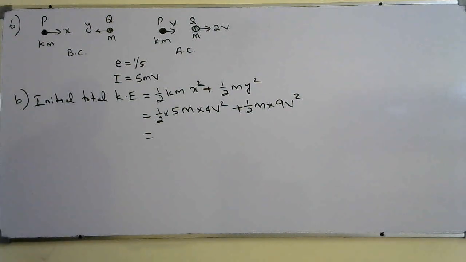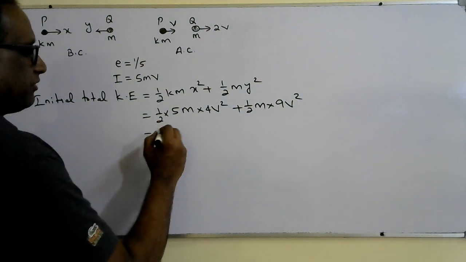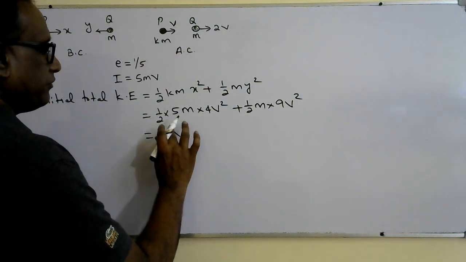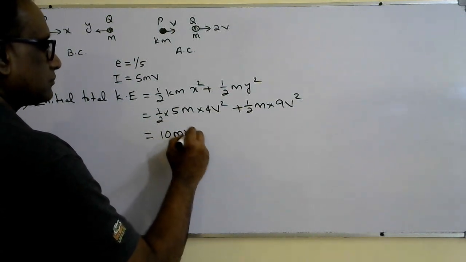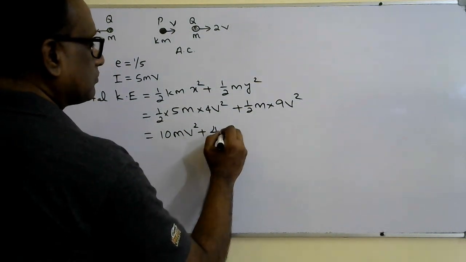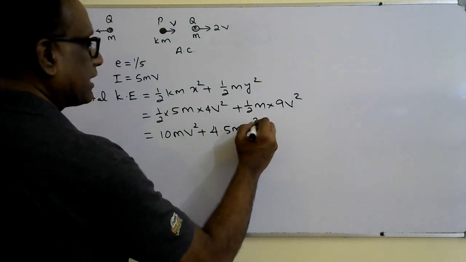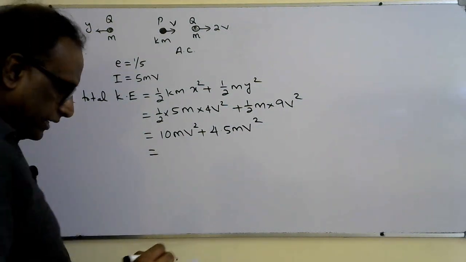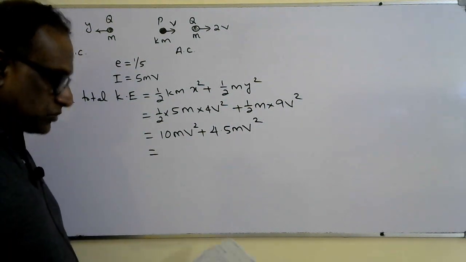Solve, it's going to be 20 divided by 2, 10mv squared, plus 4.5 mv squared. So initial total kinetic energy is 14.5 mv squared.